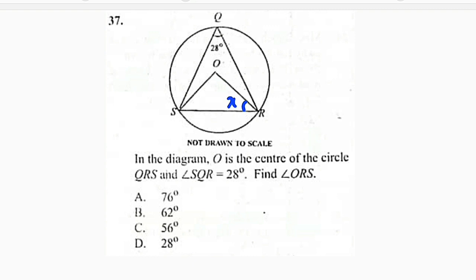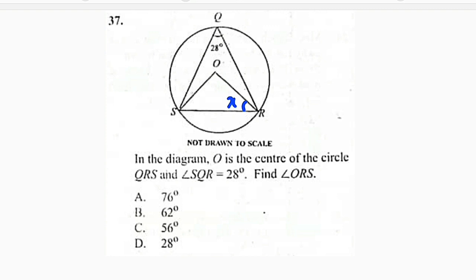Okay, what you should know about this relationship between this triangle and the major triangle, you can see we have a chord here, and the same chord subtends two angles, one at the center and the other one at the circumference. So according to the circle theorem, the angle subtended at the center is twice the angle subtended at the circumference, if they are both subtended from the same chord.